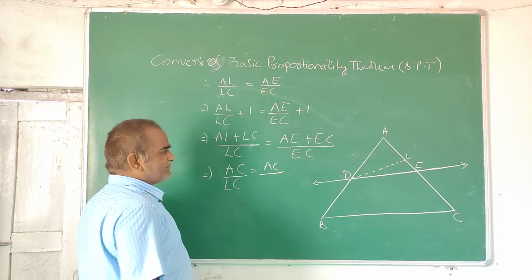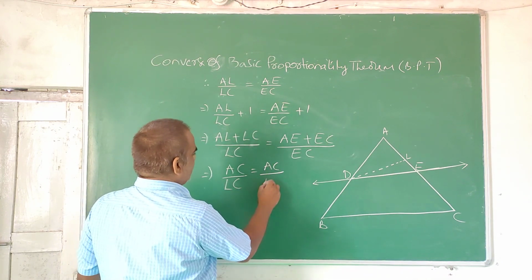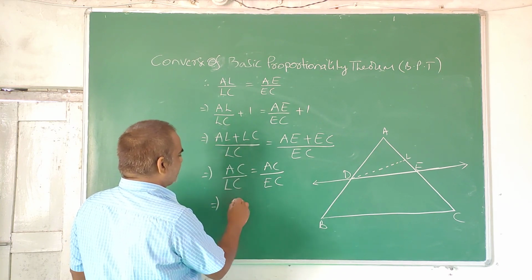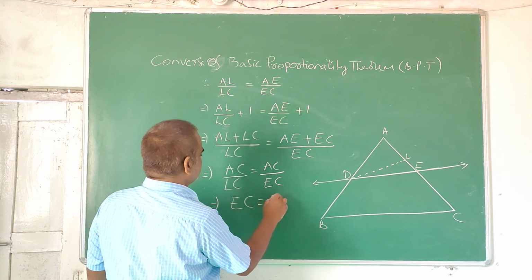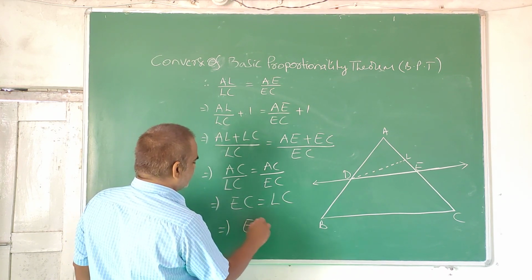The whole is the sum of the parts. So AE plus EC is AC, AC by EC. Then this AC gets cancelled, and by cross multiplication EC is equal to LC. As EC is equal to LC, E should be equal to L.